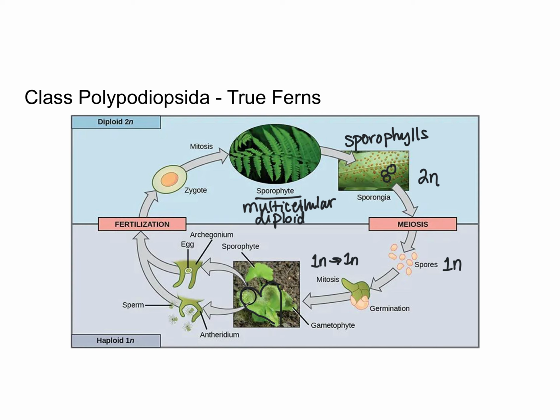And within the gametophyte, there are male and female structures. There's the antheridium, which is the male structure, and the archegonium, which is the female structure. The archegonia produce eggs, and the antheridia produce sperm, which are the gametes, and they produce these gametes through mitosis, starting out with a haploid cell producing additional haploid gametes.